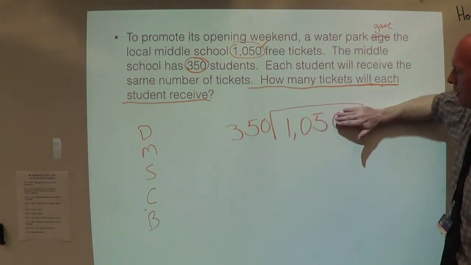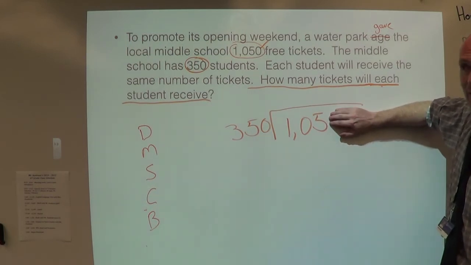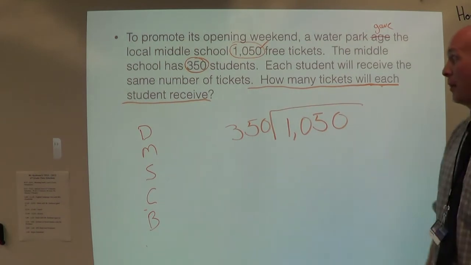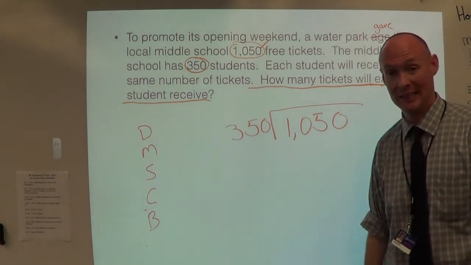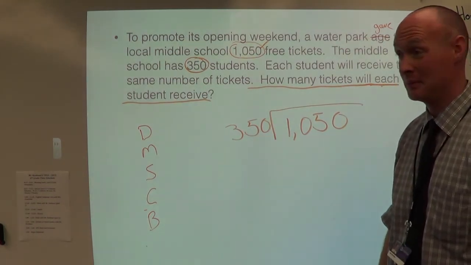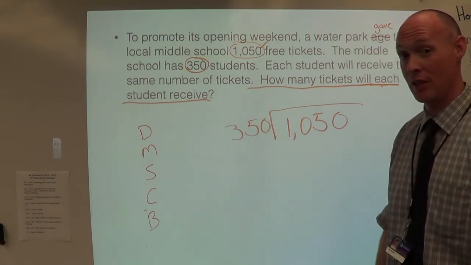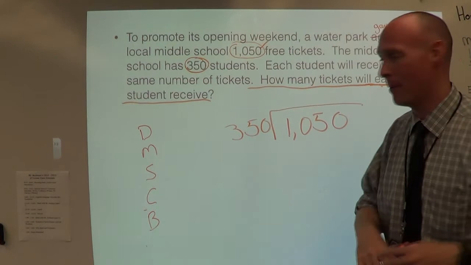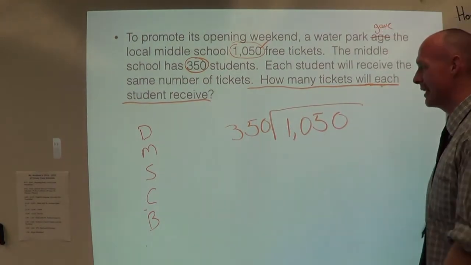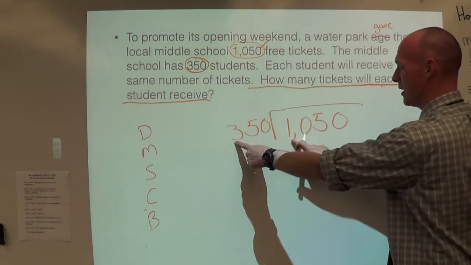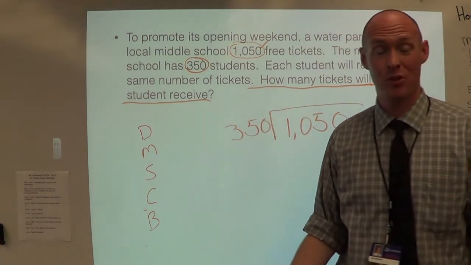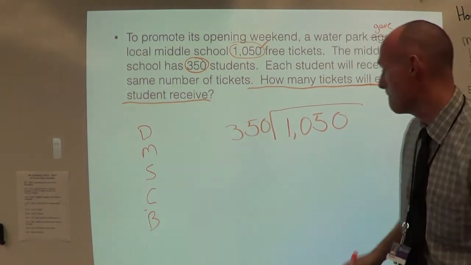Nope. 350 into 105? No. How about 350 goes into 1,050? Ugh. I don't know. This is where sometimes with division it's good to just do a guess and then check to see if you're in the ballpark. I don't know. I look at this. 300 goes into 1,000 3 times. So let's just try 3.